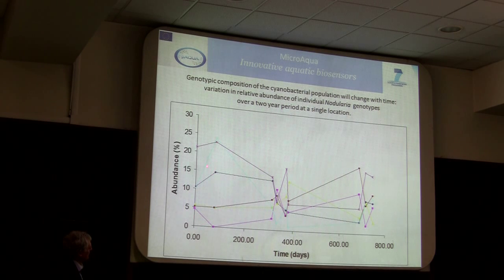And each of the different coloured lines is a different genotype. And you can see that an individual genotype will become more abundant, and then it will crash, and then it builds up again and crashes and builds up. So there's this variation in the genetic composition of the population as a function of time as well as a function of space. Why is that important?